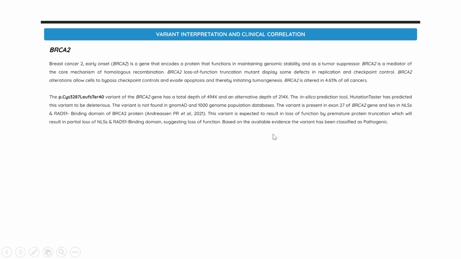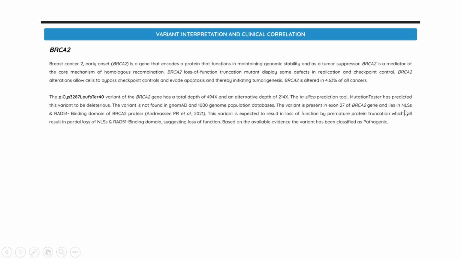How am I going to confirm that this particular variant is an important variant? I don't have any evidence in the literature to confirm this. The next evidence is where this mutation is located. It's located in exon 27, which has the nuclear localization signal and the RAD51 binding location for the BRCA2 protein. These tumor suppressors are mostly nuclear proteins.